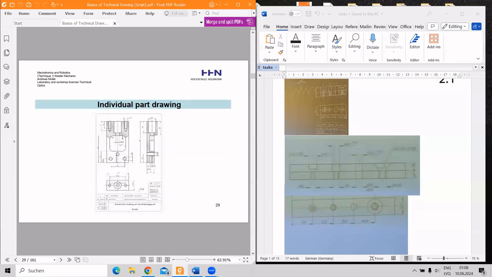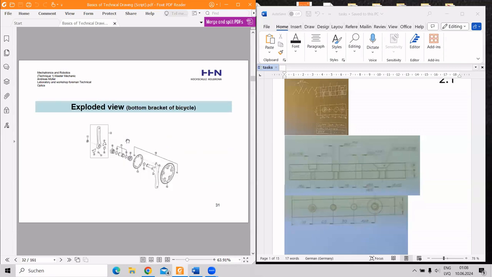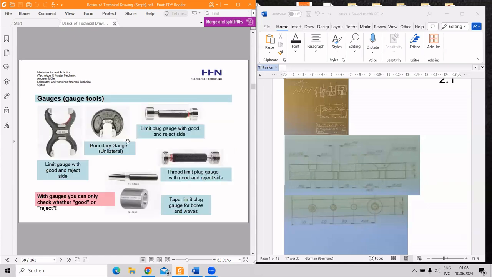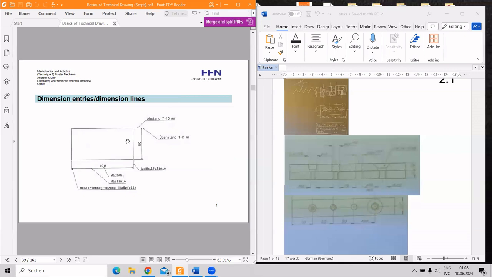Here are the projection methods, and also the dimensioning rules. We need a certain distance between the arrow and the construction line, so it's up to 7-10 millimeters, and a bit of Überstand, so overhang distance of 1-2 millimeters.